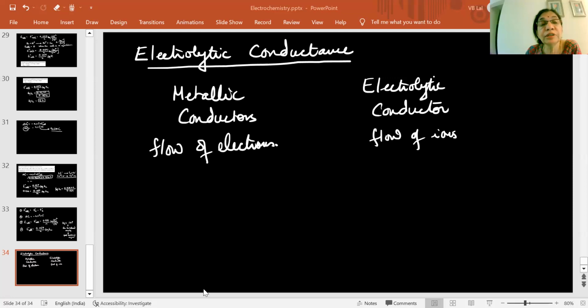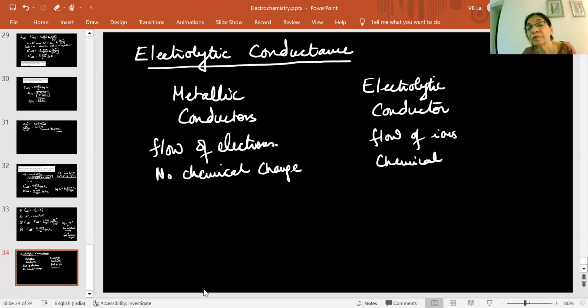One big difference is that in case of metallic conductor there is no chemical reaction happening, right? So there is no chemical change, because of flow of electrons, right? But in electrolytic conduction, there can be chemical decomposition. So you have already seen in the galvanic cell that zinc changes into zinc 2+ ions and copper 2+ changes into copper.